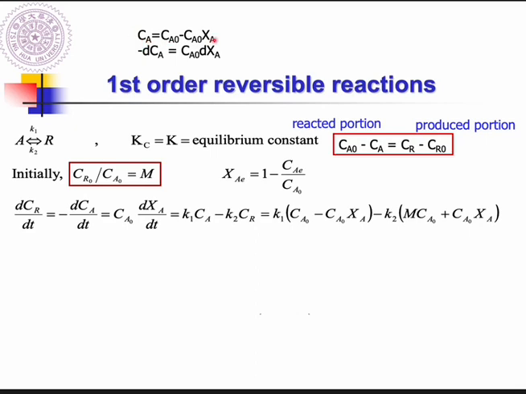Taking the derivative of this equation, the minus dCA turns out to be CA0 dXA, since CA0 is constant. So you directly substitute minus dCA with CA0 dXA, and you get this relationship. So far we have it here, right?